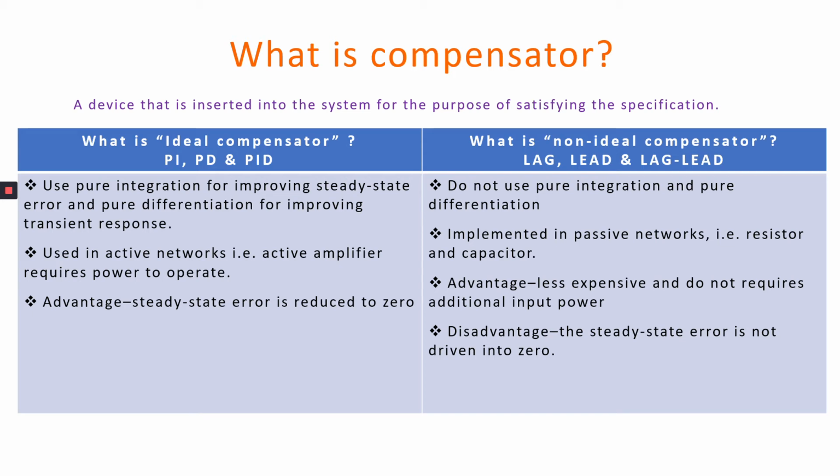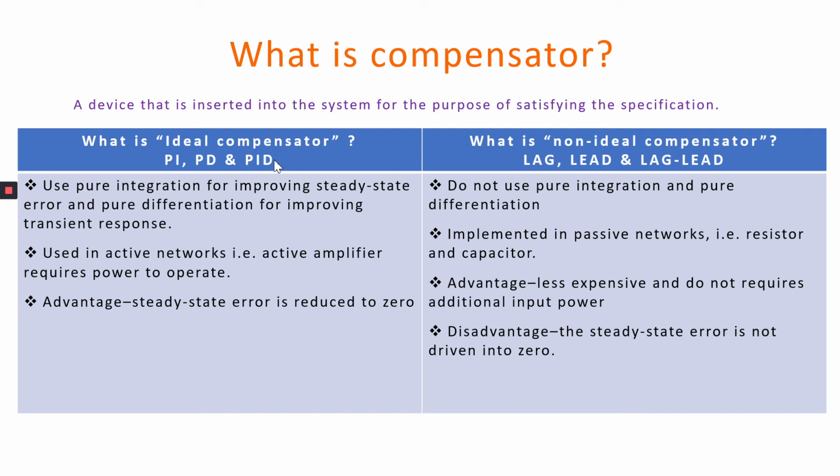The compensating poles and zeros can be generated with a passive network or active network. Compensators that use pure integration for improving steady state error or pure differentiation for improving transient response are defined as ideal compensators.